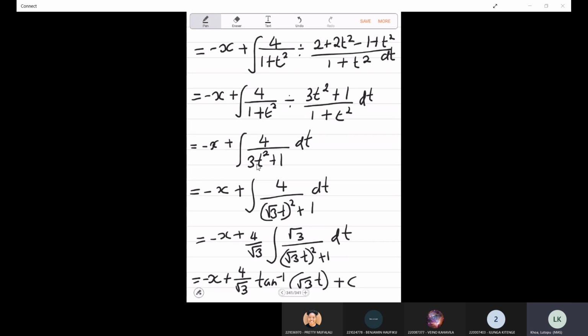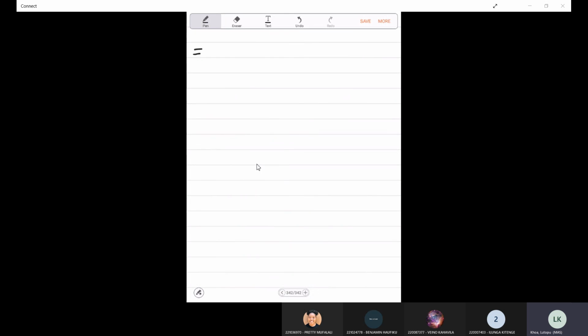So you substitute t as tan x over 2. So our integral just becomes minus x plus 4 over the square root of 3, then tan inverse square root of 3, and then tan x over 2, and our constant c over there.